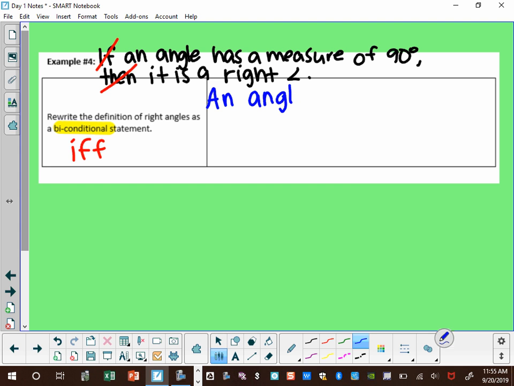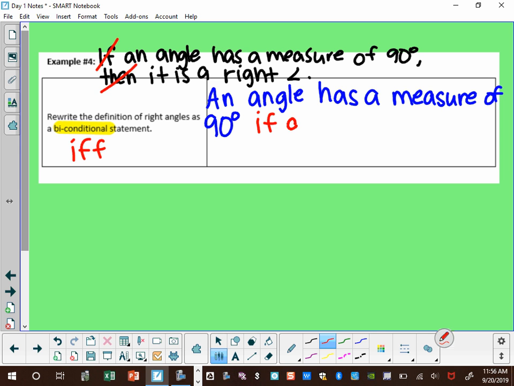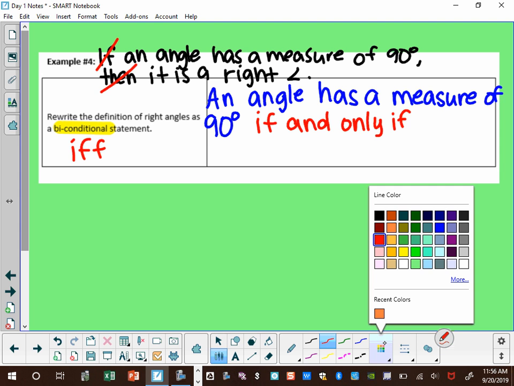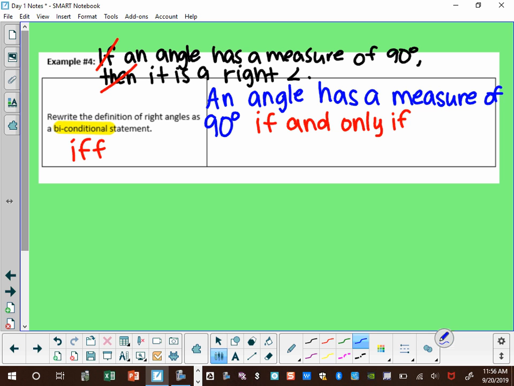An angle has a measure of 90 degrees if and only if it is a right angle.